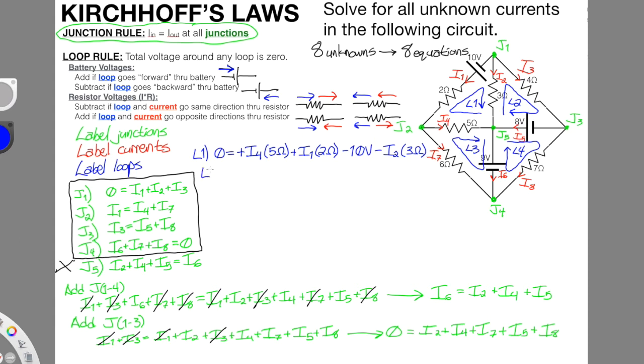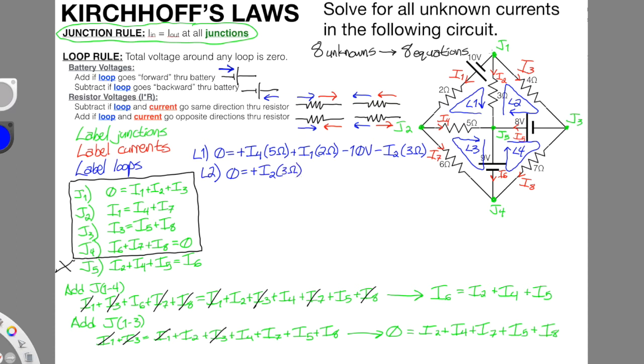Next, we're going to do the same thing for loop 2. Again, I'm going to start at the very center. Don't forget your 0 equals at the beginning. So the first thing this loop does is goes up through the 3 ohm resistor, but our labeled current I2 is going down, the opposite direction. So we have to add this resistor voltage, adding I2 times the 3 ohm resistance.